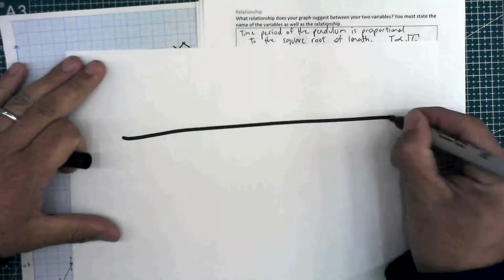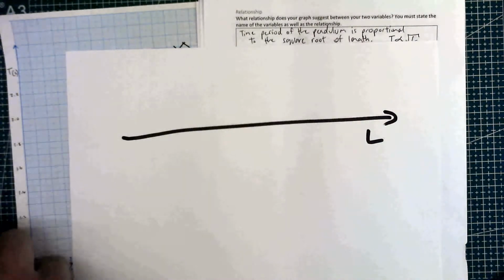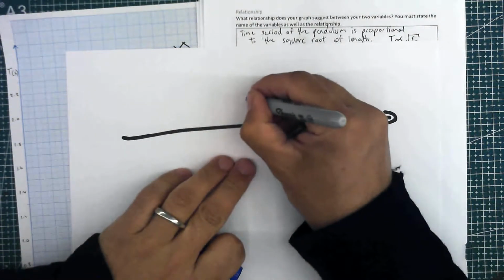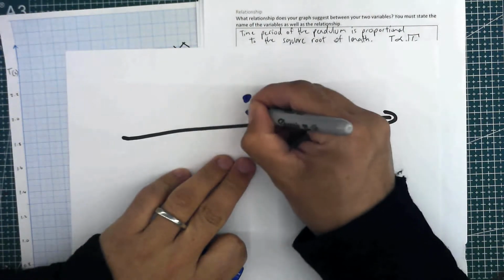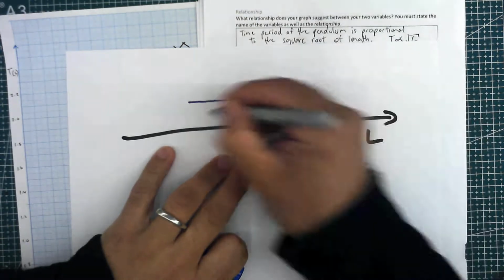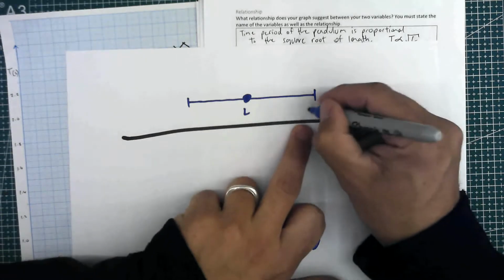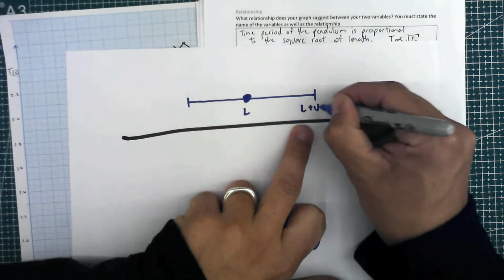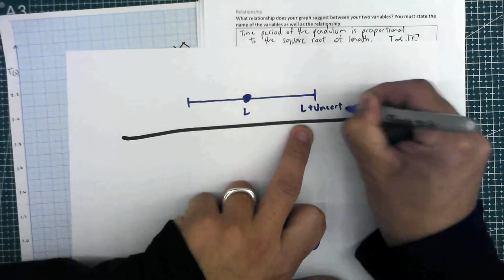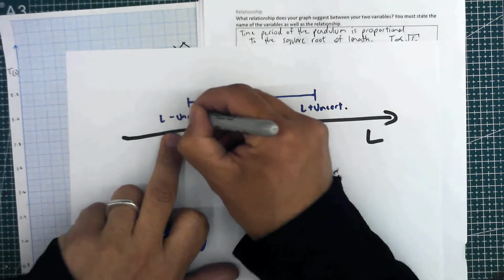So you can kind of consider your error bars in a way from last time. So for each L value you can have an error bar like this. If this is L, this point up here is L plus the uncertainty, and this point down here is L minus the uncertainty.